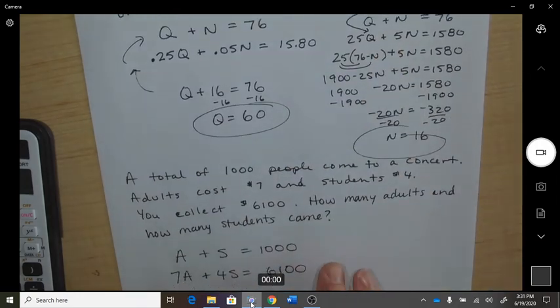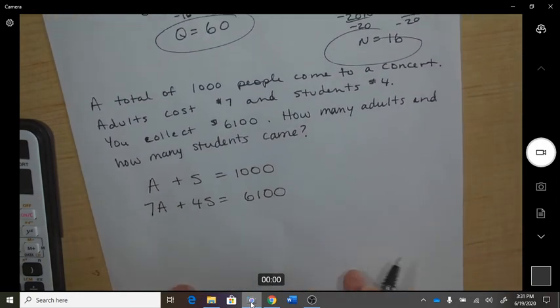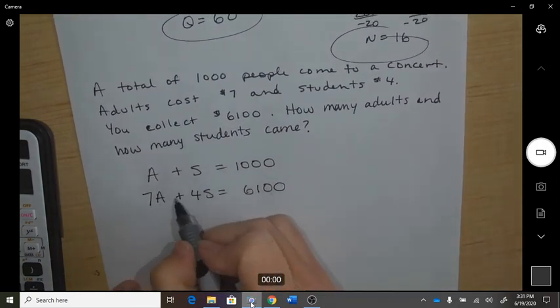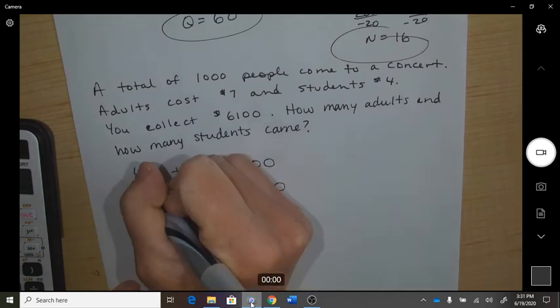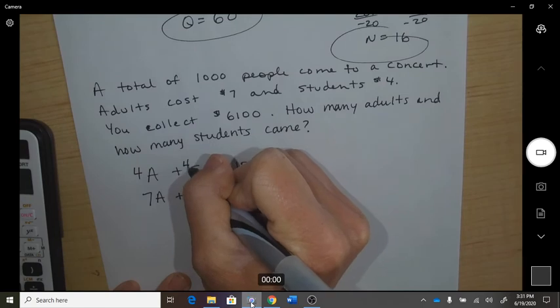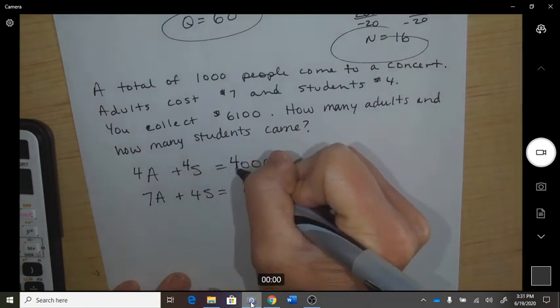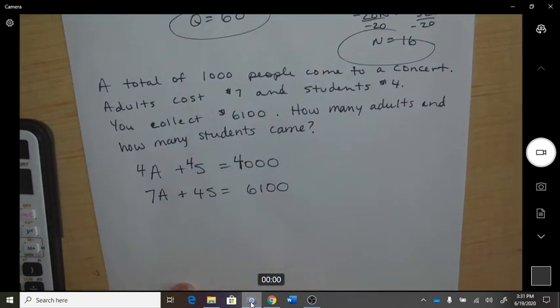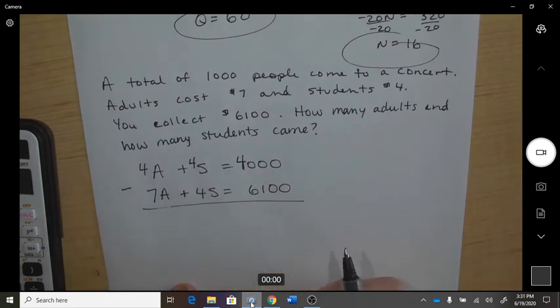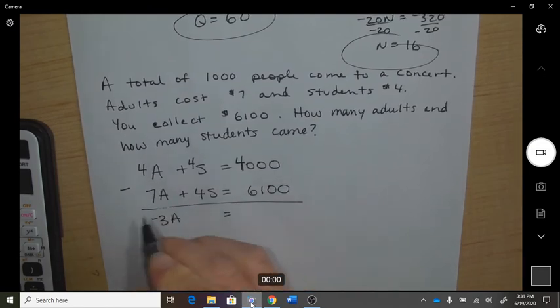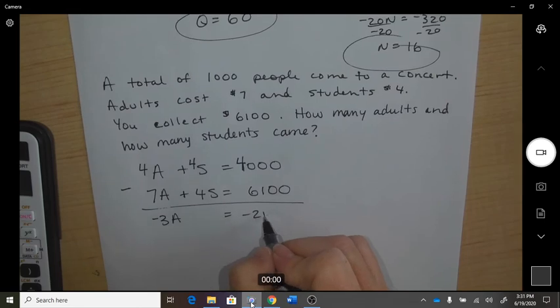So you could isolate and then plug it in, substitute, or we could just times this line by 4. So I'm going to go 4A, 4S, and 4,000. Okay, now I can subtract, and I get negative 3A equals negative 2,100.